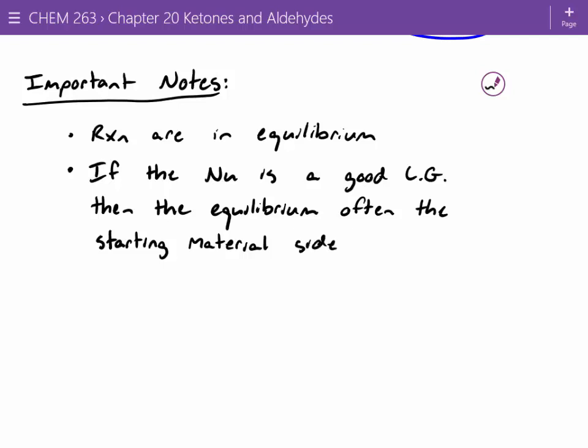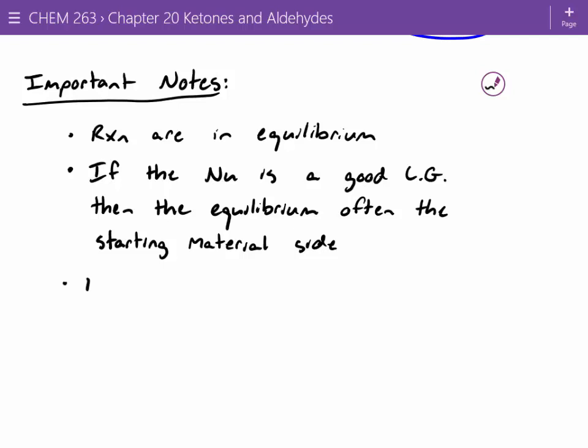And we said with the Grignard reaction that the Grignard reagent is not a good leaving group, so we showed it as a one-way arrow. That means it favors the product side. But hypothetically, if our nucleophile were something like a halogen, that could pop off very easily and we'd go straight back to our starting materials.